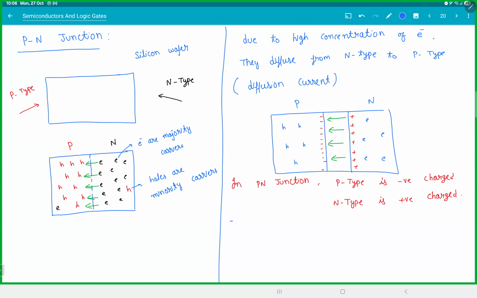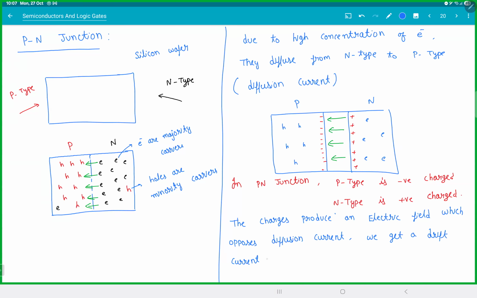And these charges produce an electric field which opposes this diffusion current. We get something called a drift current, because the electric field will make the electrons drift back again.